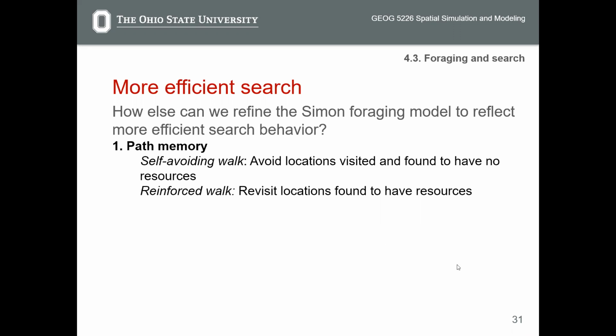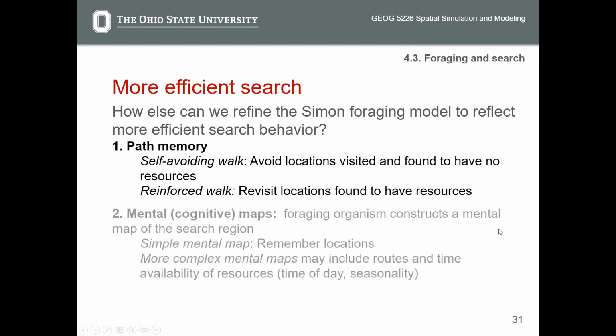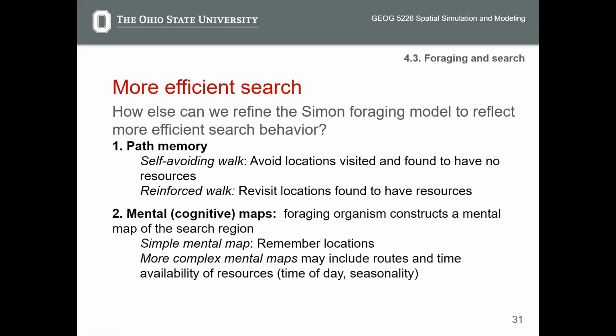Animals or human beings, we could also have something called mental maps. They are maps in your brain, in your mind. So you can remember locations you have visited, right?